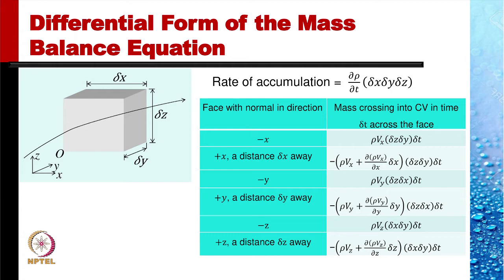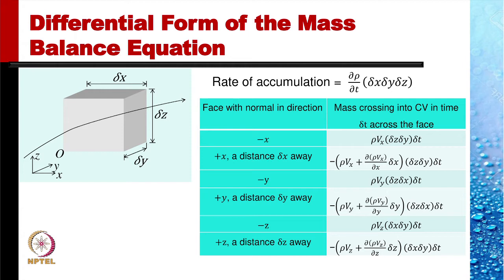If velocity is positive, then the mass is moving out of this surface. So this is an efflux. That's why we put a minus sign. And we use Taylor's expansion to get this expression for the net efflux across this surface in time delta t.